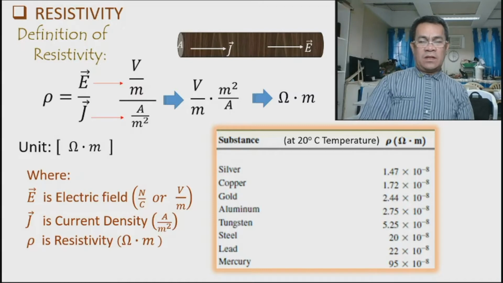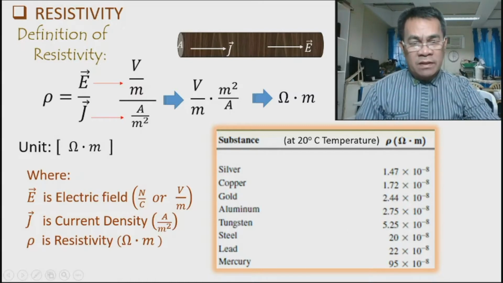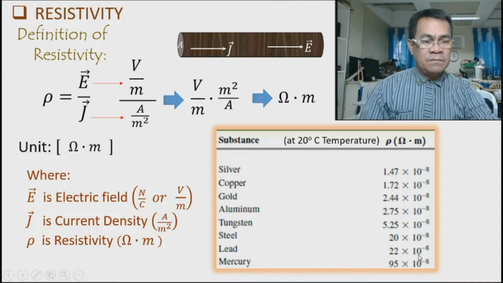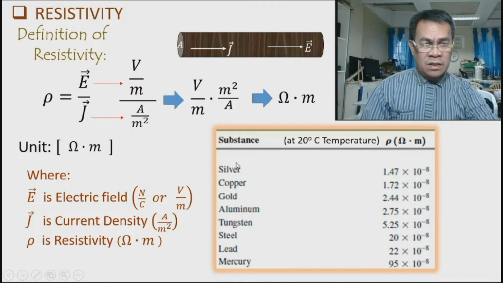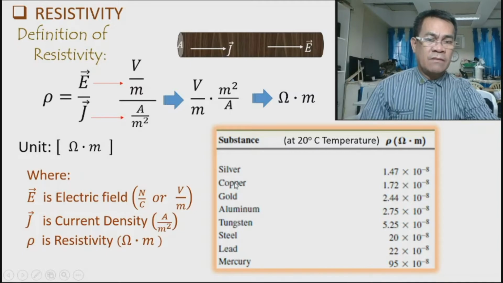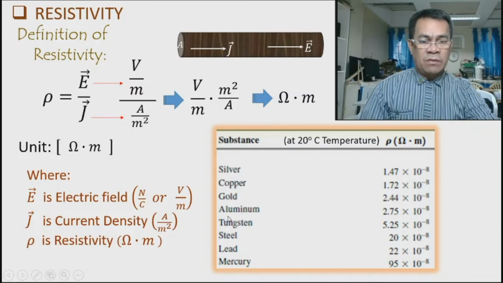That's why when you look at the silver and the lead, for example, which one has greater resistivity? The greater resistivity is lead. By the way, these are arranged according to the ability to conduct. The good conductor is silver, followed by copper, gold, aluminum.